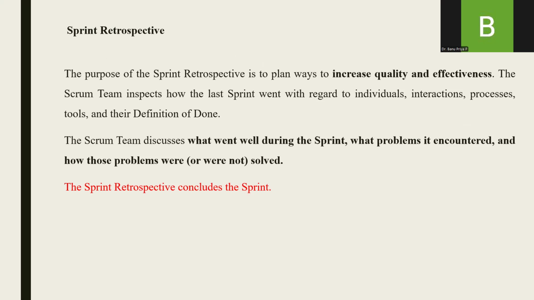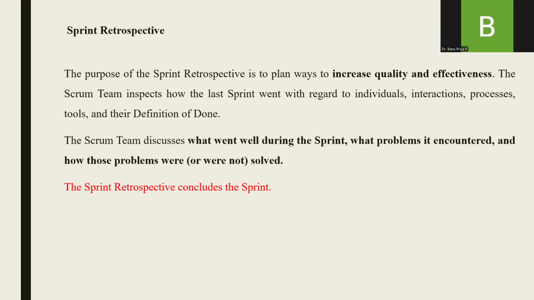Then what is the sprint retrospective review? After the sprint review, if the stakeholders are not satisfied or feel that some changes are needed, then the Scrum team discusses what went well during the sprint, what problems it encountered, and how these problems should be solved.